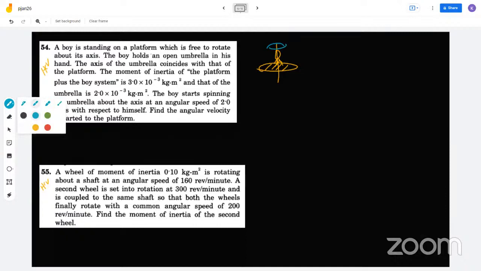So initially all are at rest, or finally platform और boy एक side जा रहे हैं और umbrella दूसरे side पे आ रहा है. So this is omega 1, ये वाला omega 2. Yes guys, how will you do this one?